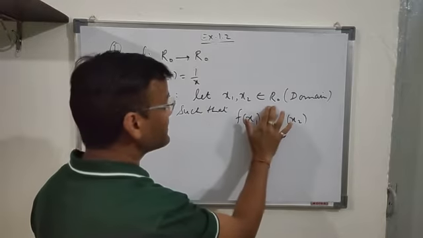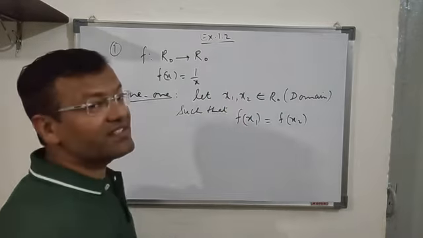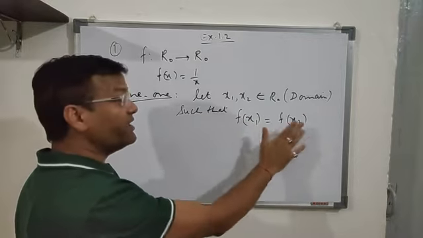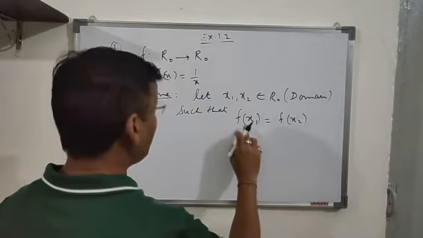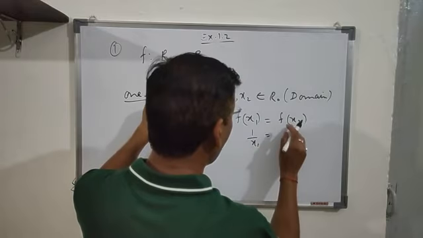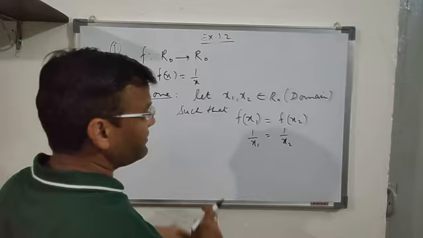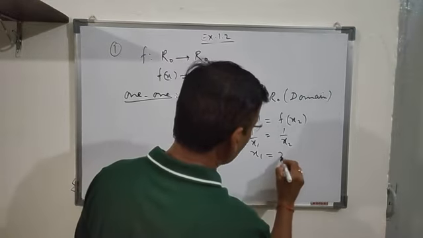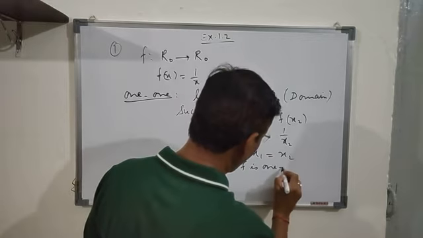We are assuming these two elements in such a way that their functional values are the same. Now f(x1) will be 1 upon x1 and f(x2) will be 1 upon x2. Now if you do the cross multiplication, this implies that x1 equals x2. This implies that f is 1-1.